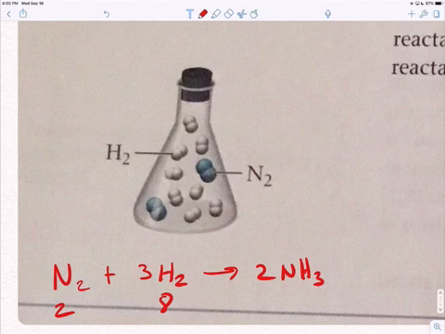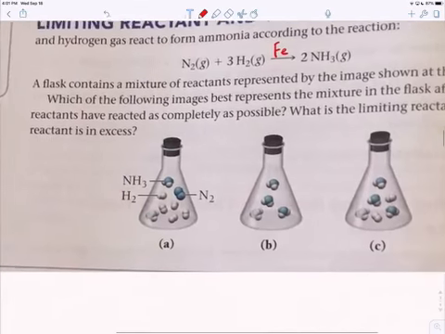If you can only make 4 ammonias, that means you're going to have 2 hydrogens left over, because making 4 of those is going to consume 6 hydrogens. Say which of these reaction vessels is correct.